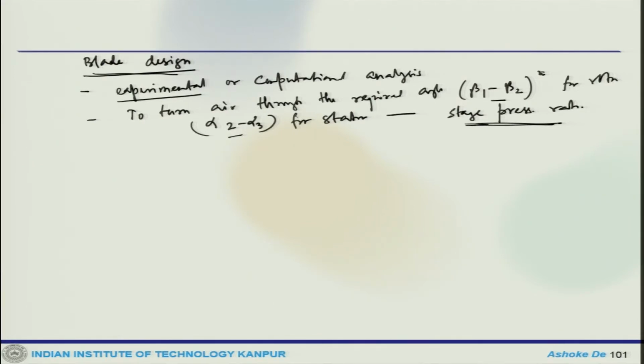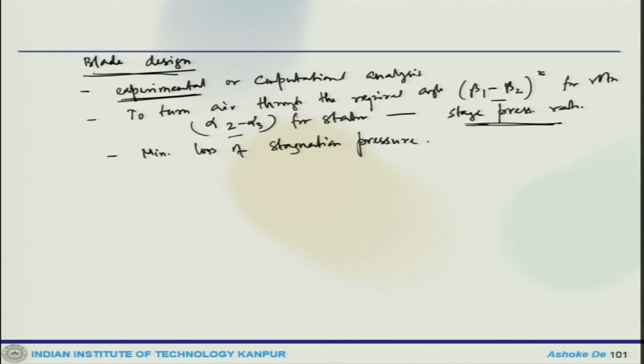Now, to achieve the diffusion process with optimum efficiency, or in other words minimum loss of stagnation pressure. So, typically the experiments are performed in the cascade wind tunnel, which is a very well equipped facility, where this kind of rig can be tested and the experiments can be conducted.